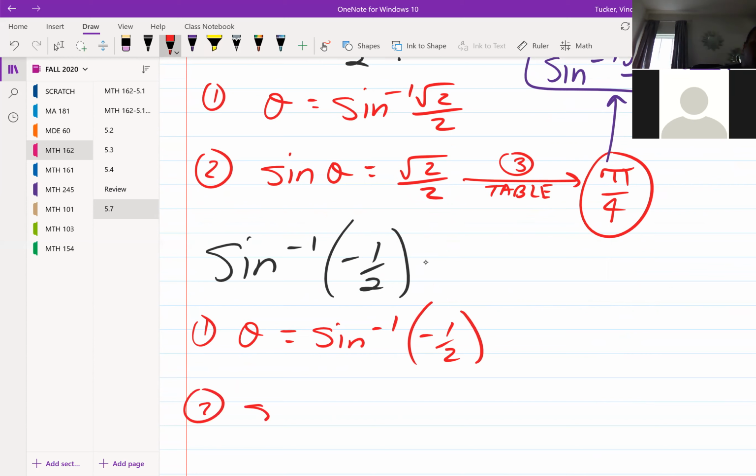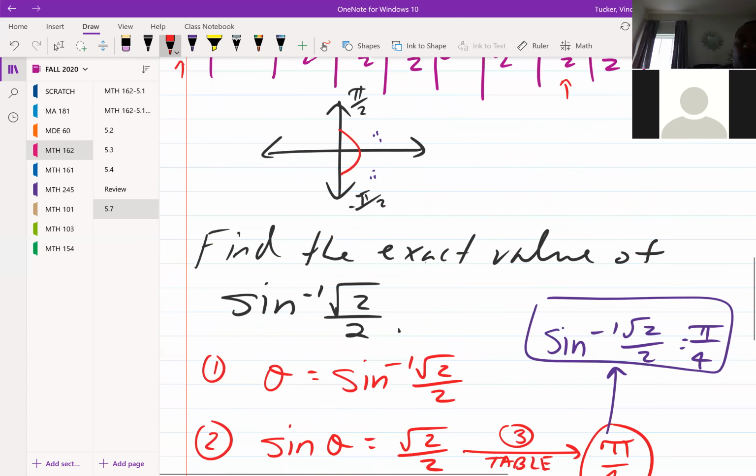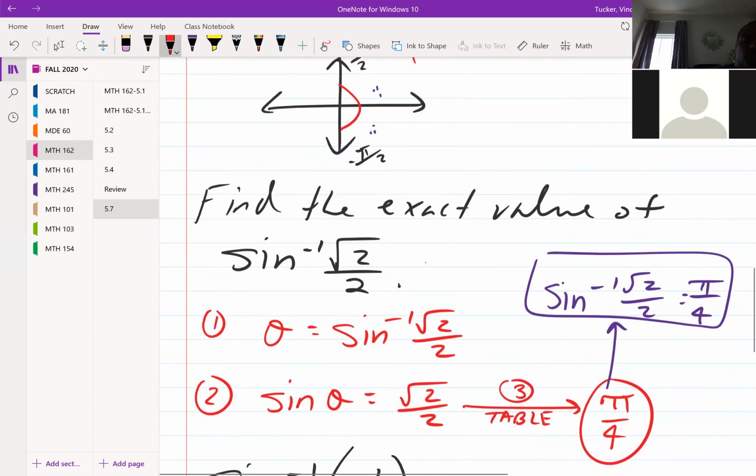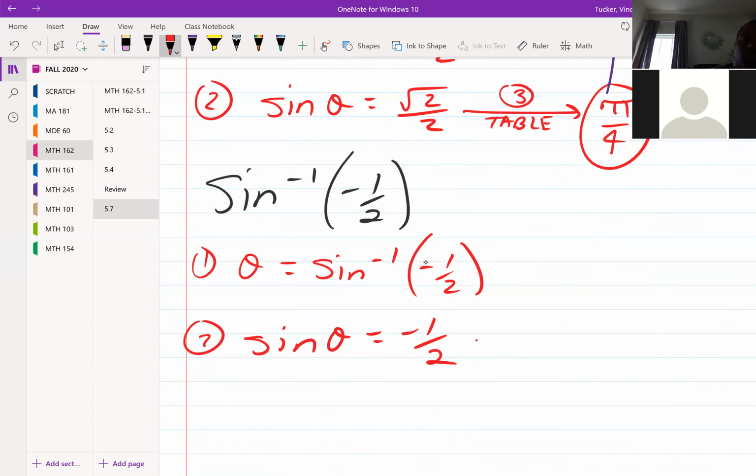Then you rewrite it as sine theta equals -1/2. Then you go to your chart. -1/2 is right here. So that means theta is equal to pi over 6.